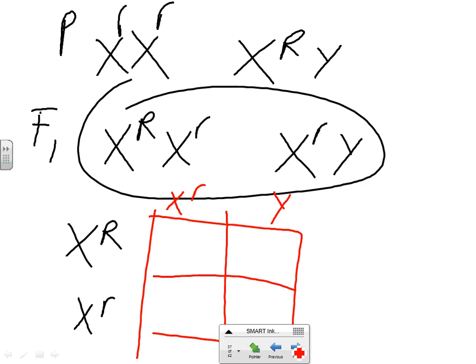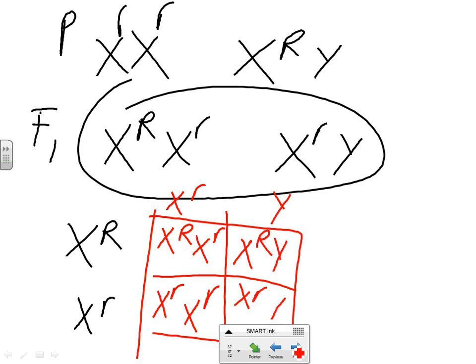And what we're seeing is that we should get about a fourth of each possible outcome: 1/4 red-eyed males, 1/4 red-eyed females, 1/4 white-eyed males, 1/4 white-eyed females. We'll do the next week. We'll have another math day, and we will finish chi-squares and Hardy-Weinbergs and anything else we need to do.